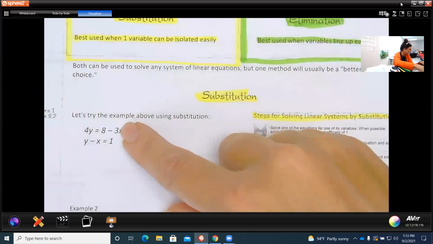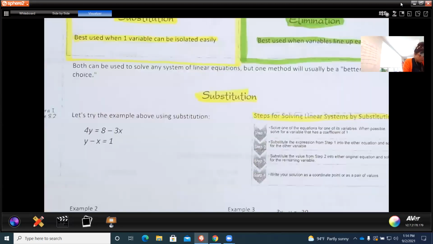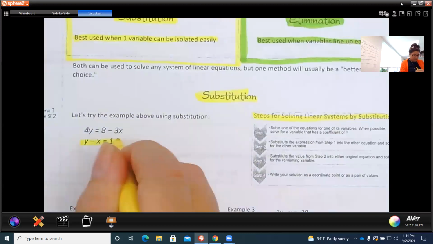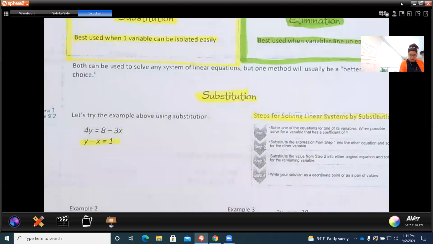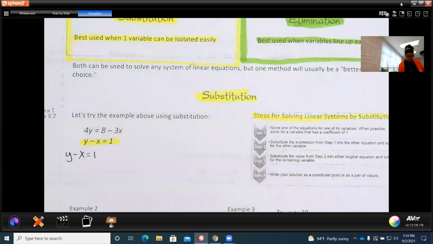You're going to have fractions to deal with. Who wants that, right? You don't want to create fractions. So it's easiest to pick one that has a coefficient of +1. So I'm going to start with y minus x equals 1, and I'm going to isolate the y.